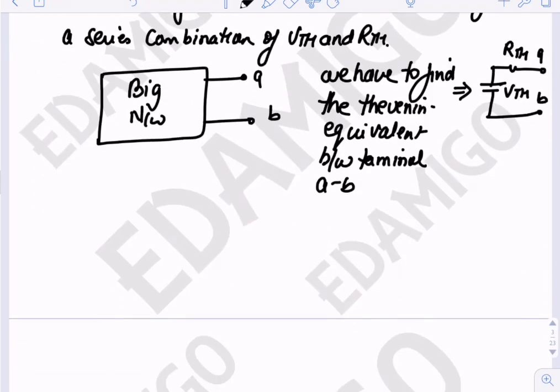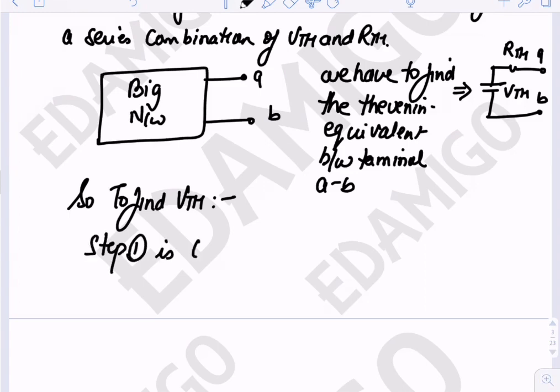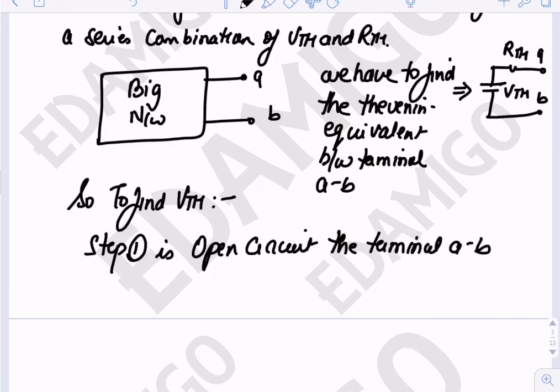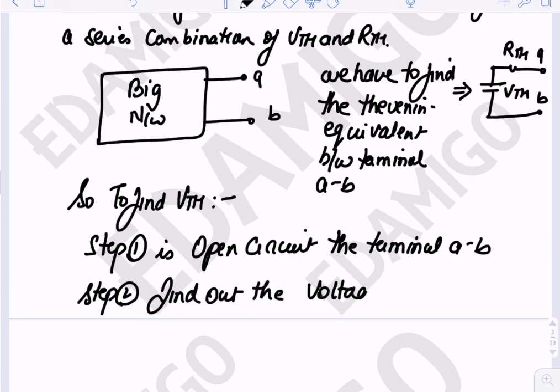So to find VTH, step 1 is open circuit the terminals A and B. Step 2, find out the voltage VAB, that is the voltage seen between these two terminals.